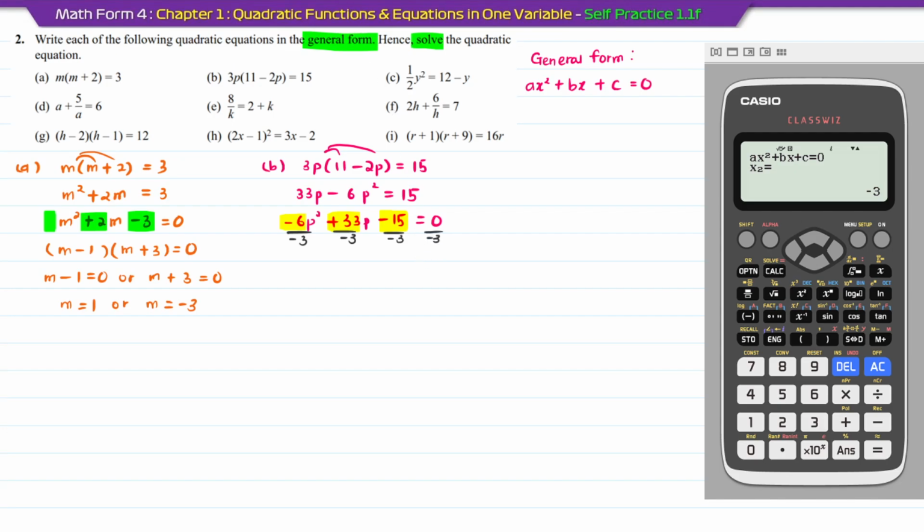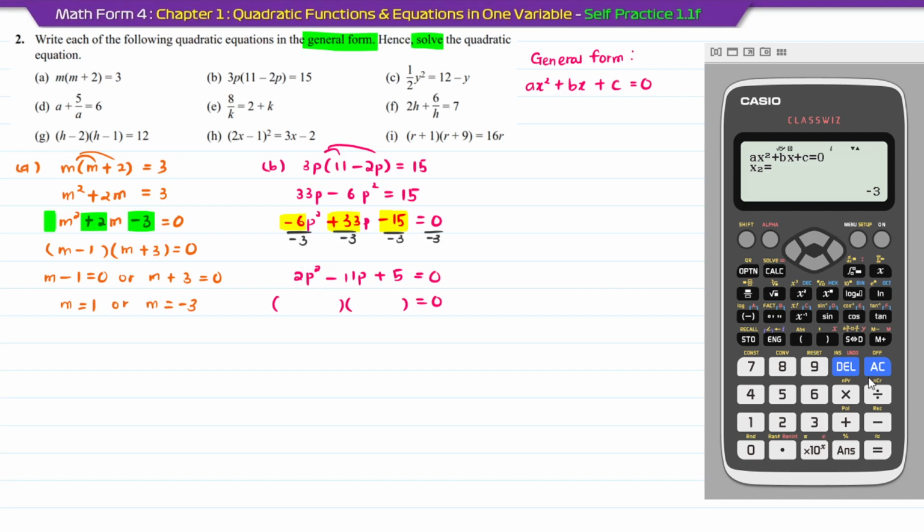What I'm going to get next is 2p squared minus 11p plus 5 equal to 0. Then later on you can do the factorization.